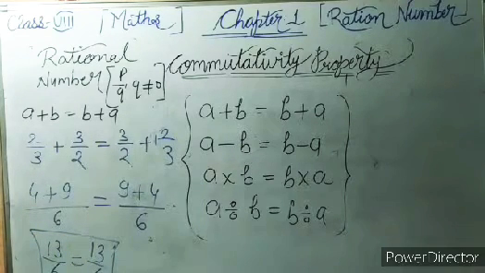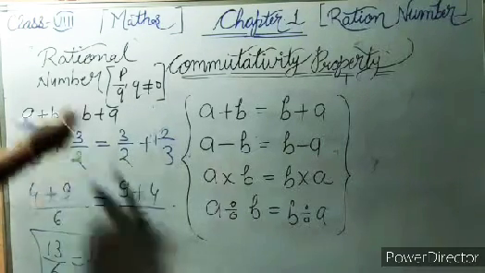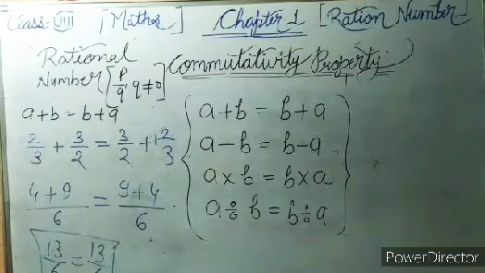So we can say rational numbers can be added in any order. They follow the commutative property. That is why we say addition is commutative for rational numbers also.